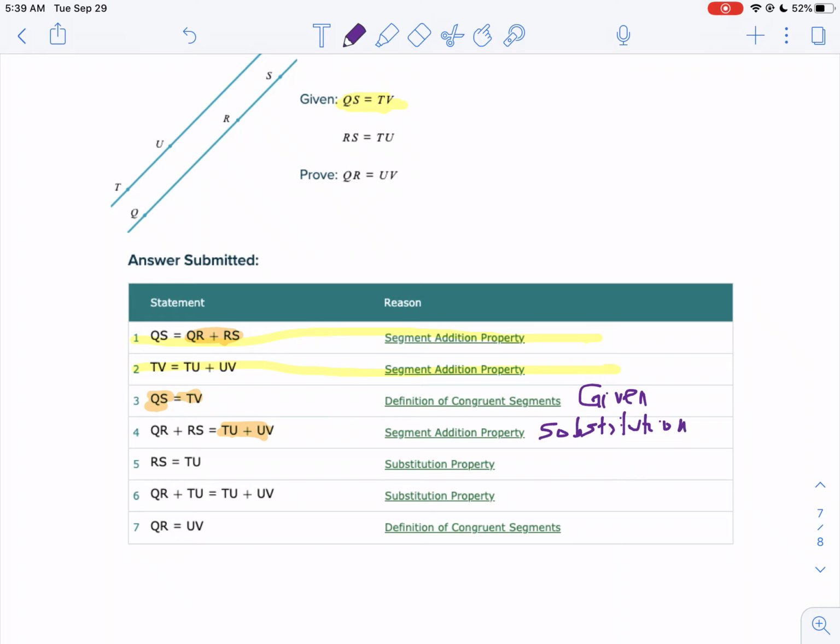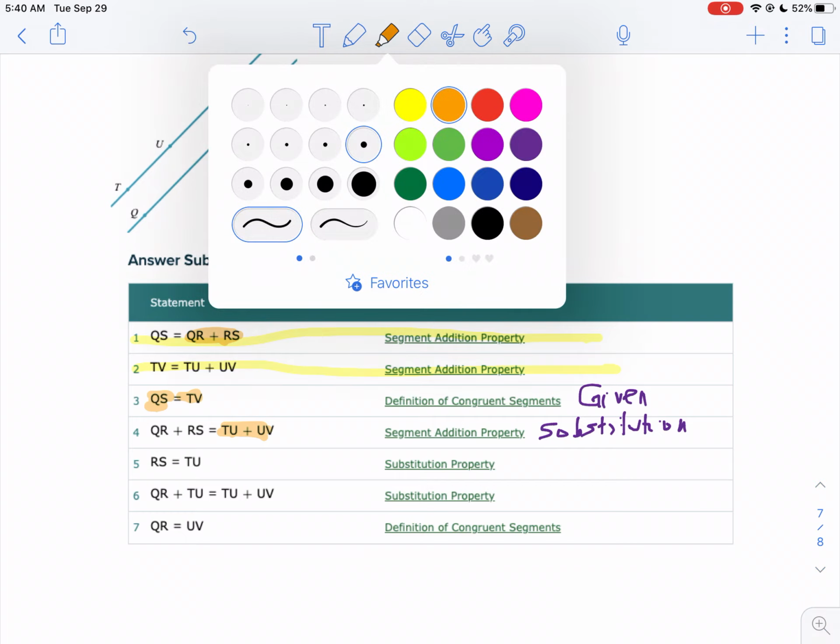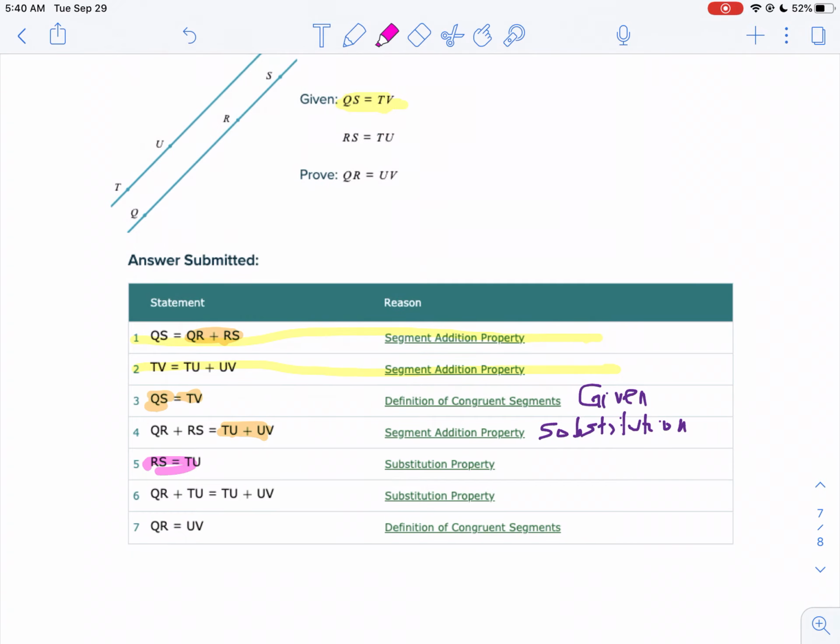RS equals TU, that seems to come out of left field. Where in the world did they get that? Well, they get that from the given. So this should have been given. Now, the next line is correct. Instead of writing RS, we wrote TU. That's substitution.